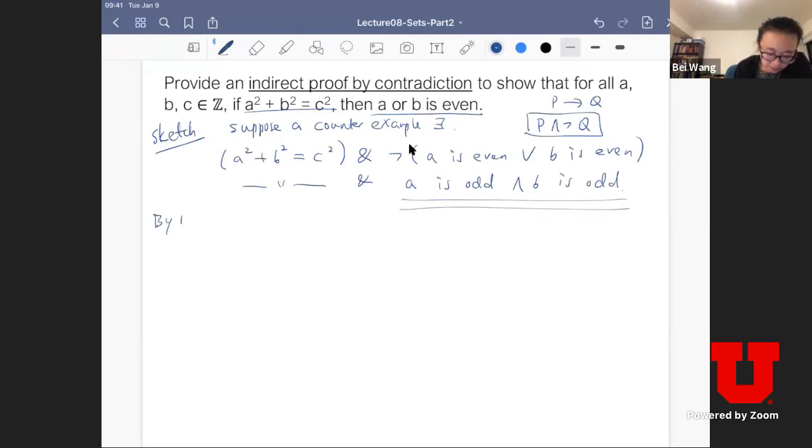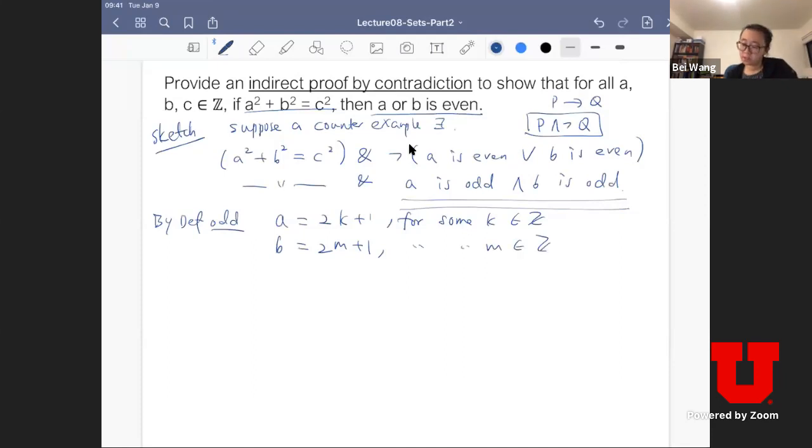By definition of odd number, because a is odd and b is odd, we have a is equal to 2k plus 1 for some k, and b is equal to 2m plus 1, again for some m. And because c is an integer, there are two cases.